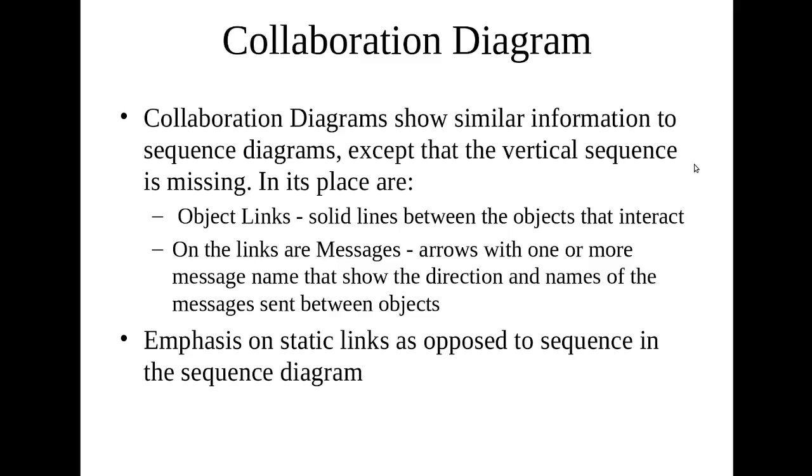Means here also you are numbering the events, so it shows which event occurred first, but you don't have that vertical sequence. Objects are linked together, and the messages are shown with an arrow, and the messages are written there with numbers.